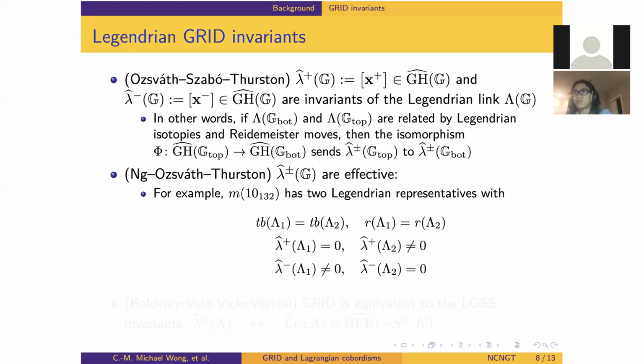For example, m(10_132) has two Legendrian representatives with the same classical invariants tb and r, so they cannot be distinguished by tb or r. But let's say lambda plus is 0 for one of them and non-zero for the other one, and so you can tell them apart.